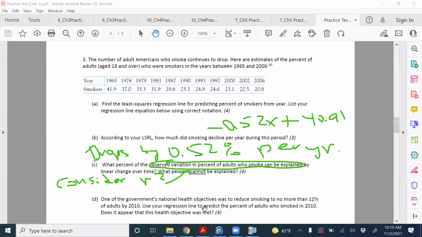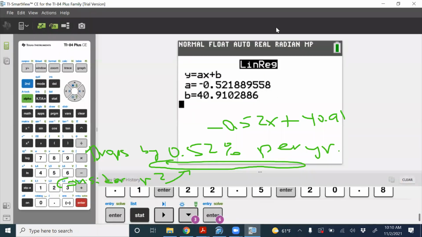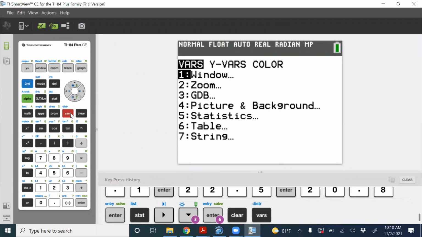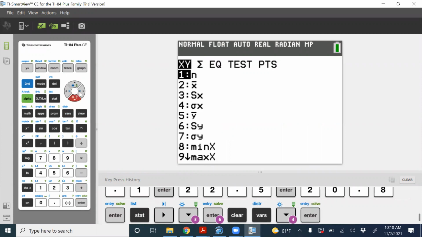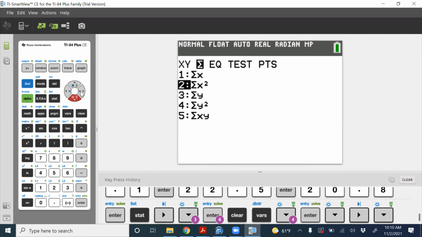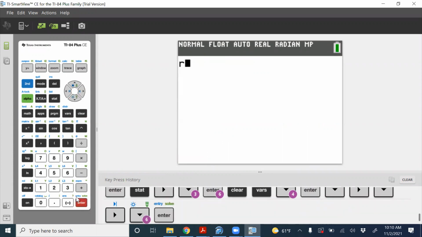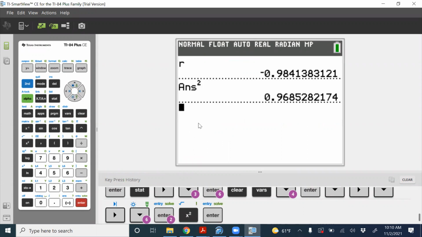So to find R, let me clear some, I'll undo it. You have to go to VARS, stats, because we're in a stats class, that makes sense. EQ, because we're doing an equation. And then obviously number 7. But you want to square that, so you get 0.969.